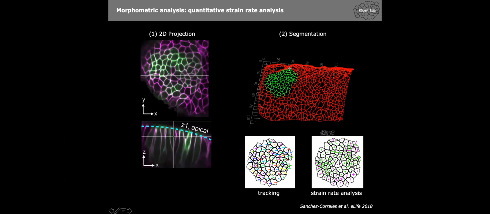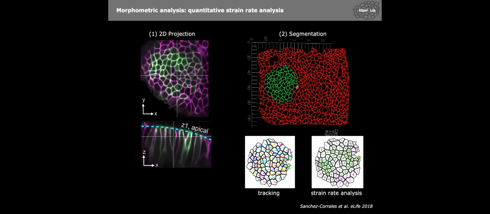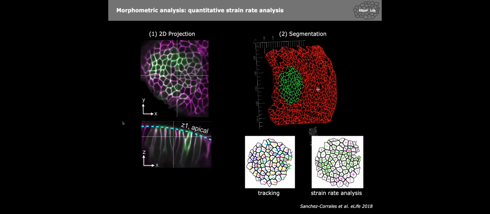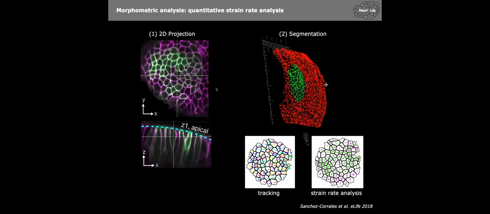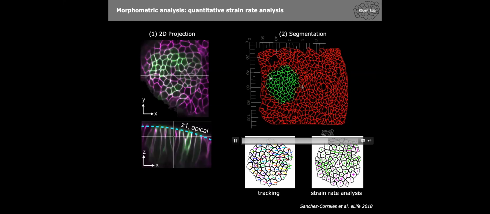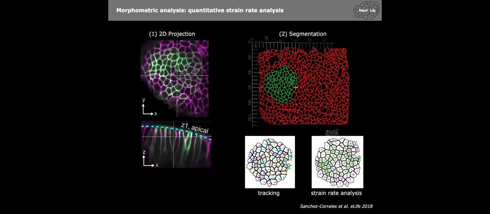So we took time-lapse movies of embryos, and after accounting for the overall curvature of the surface of the embryo, we could then identify and segment individual cells, and that allowed us to track these over time and look at their behavior and changes, and then perform so-called strain rate or deformation rate analysis.